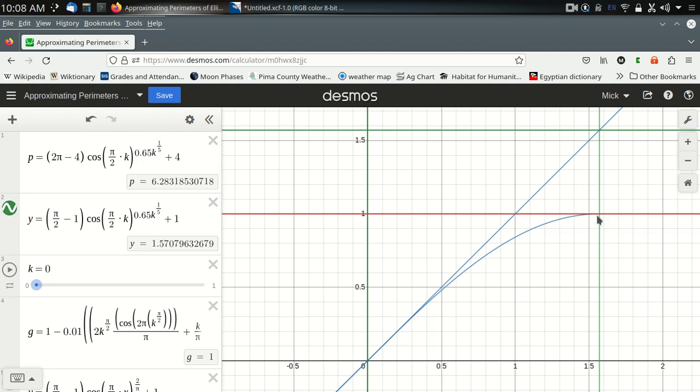And when its eccentricity is effectively 1, it's not really 1, it's like 1 minus epsilon, as the limit approaches 1 from the left, your perimeter becomes 4 times the radius, or 2 times the diameter.